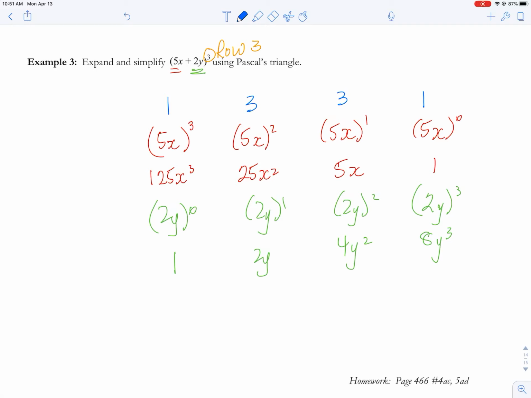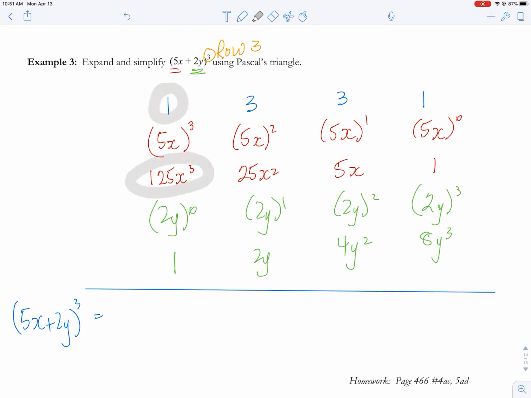So I'm going to be multiplying down each column, and I'll get that 5x plus 2y cubed equals 125x cubed times 1. So my coefficients are going to be 125, and then I'm going to have x cubed.